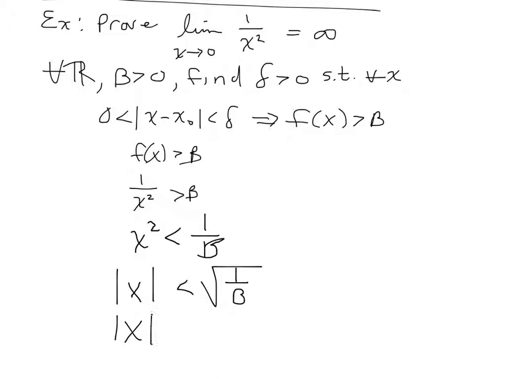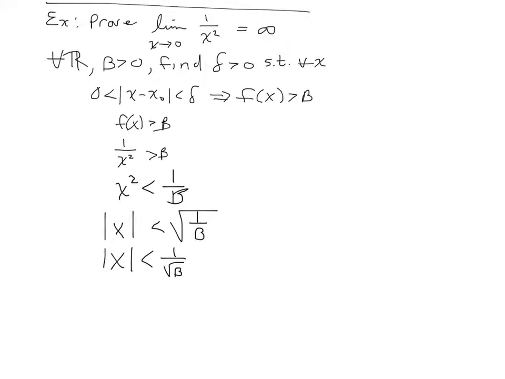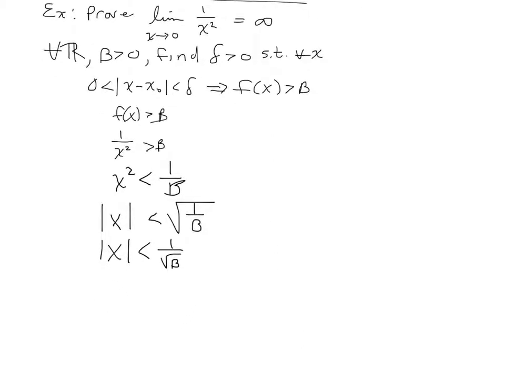Well, the square root of 1 is just 1, so I could rewrite it like that. And so all I would have to do is choose, because this is my x value, my delta to be this value, or I could even have a smaller interval, as long as I don't go above that.